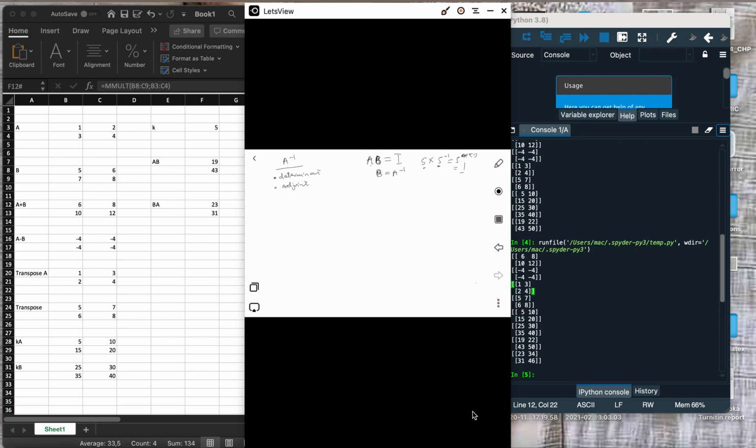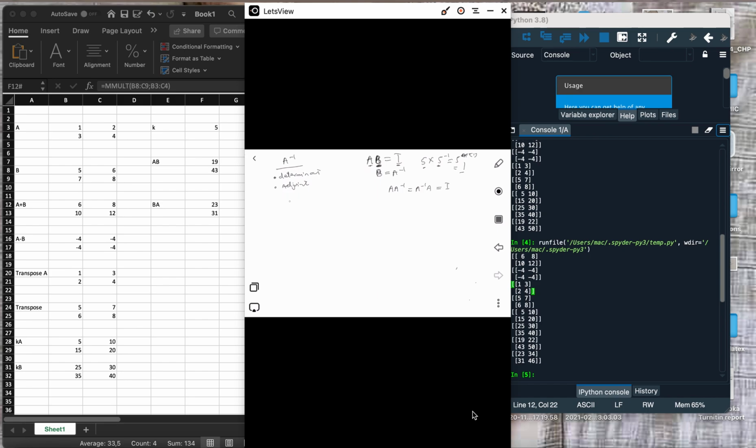So if I multiply a matrix by another matrix and it gives me the identity matrix, then matrix B is known as the inverse of matrix A. So A times A inverse is the same as A inverse times A, and this is equal to the identity matrix.